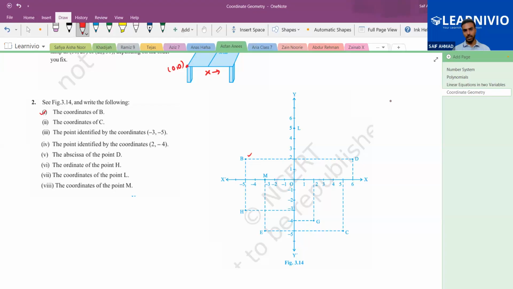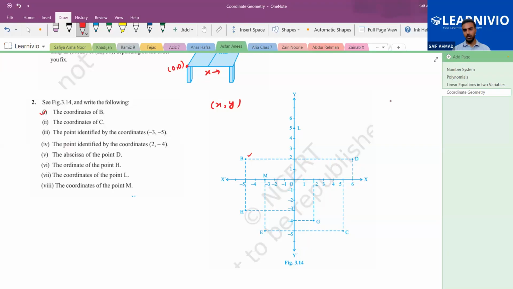Coordinates, you have to write as X and Y form. First, you have to read X on the X-axis and then the reading on the Y-axis. Tell me, how far is B from the Y-axis? Sir, -5.